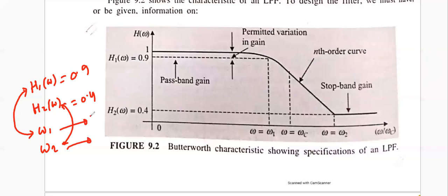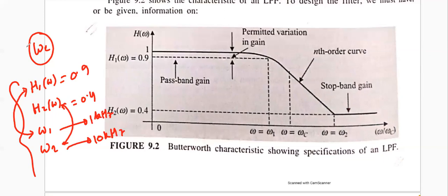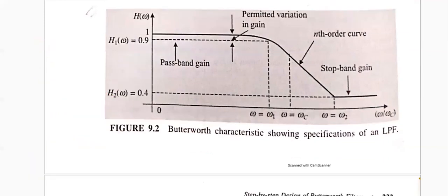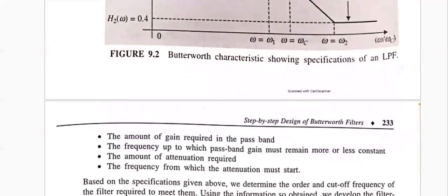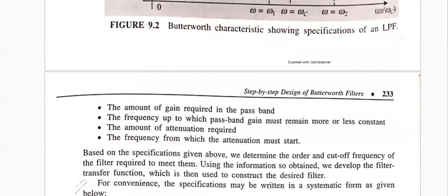Let's say this is 1 kilohertz and this is 10 kilohertz for the low pass Butterworth filter. If we have these values, from there we can find the value of omega C. If we can find the omega C value, that is the design of the filter, and from there we can also design our analog circuit. Always our target is to find H(s). From there you can find the pole zero locations of the filter as well.